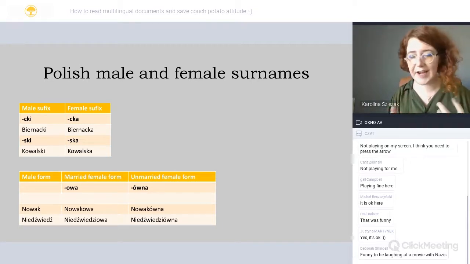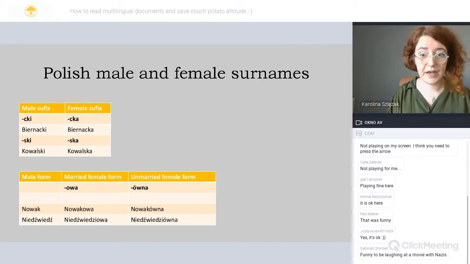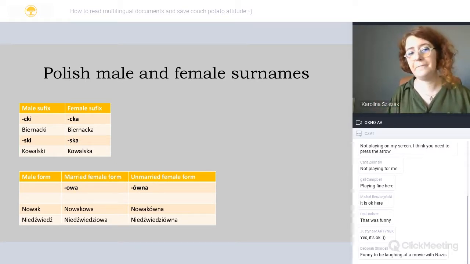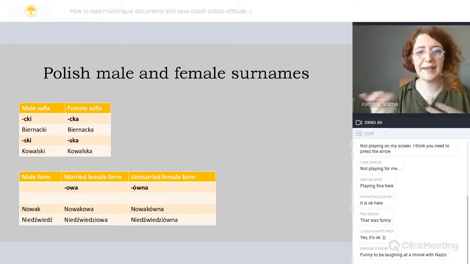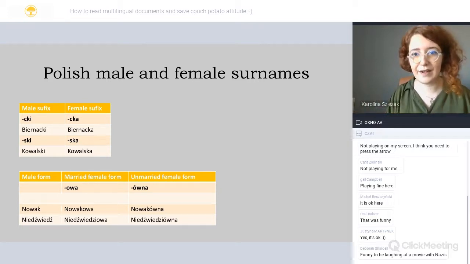There are two types of very common Polish surnames, which end with -ski and -cki, and this is something that we see and can easily guess that this is probably a Polish or at least a Slavic surname.